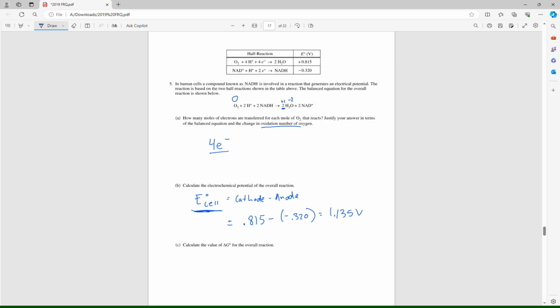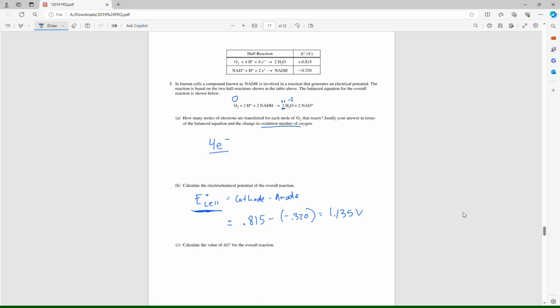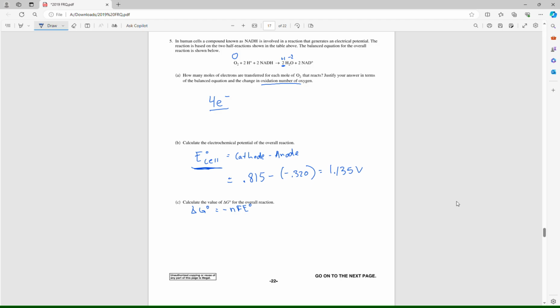All right, part C, calculate the value of delta G for the overall reaction. So we want to calculate delta G, and we're working with electrochemical cells. So we're going to use the equation for delta G that has electrochemical potential in it. So we have this equation, delta G equals -nFE. As a reminder, n is moles of electrons, F is Faraday's constant, and E naught is from this equation up here. We just calculated it as 1.135.